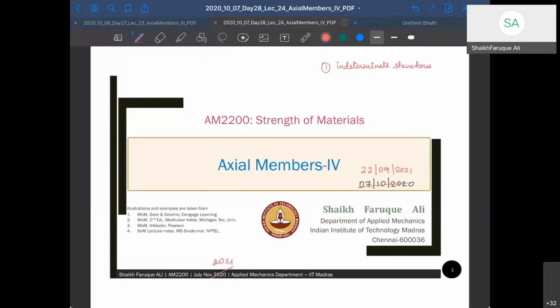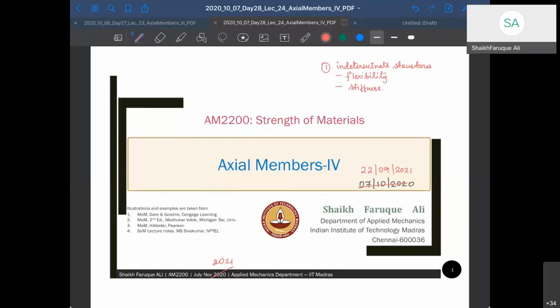Next, we will cover how, even in indeterminate structures, we will have two portions. One is the flexibility method. We'll discuss what the flexibility method is. And the other one is the stiffness method.